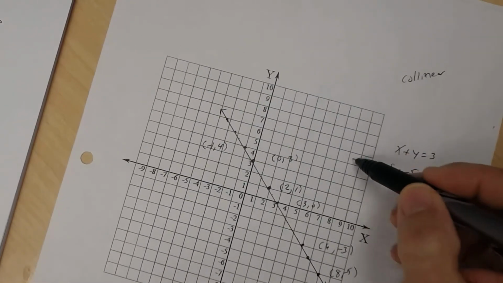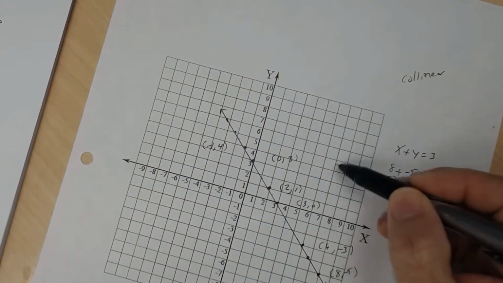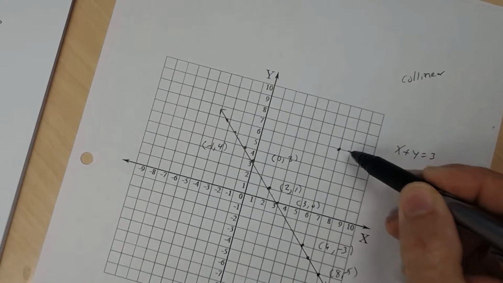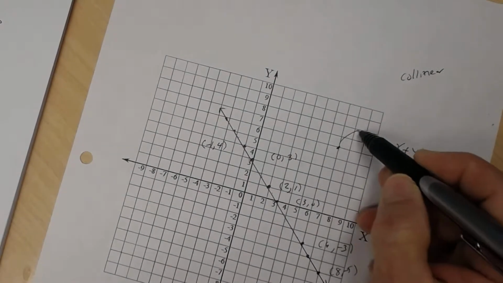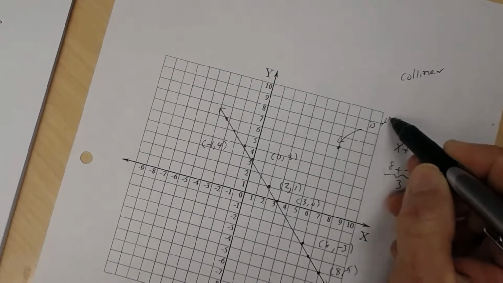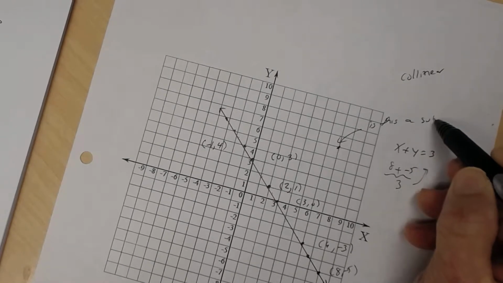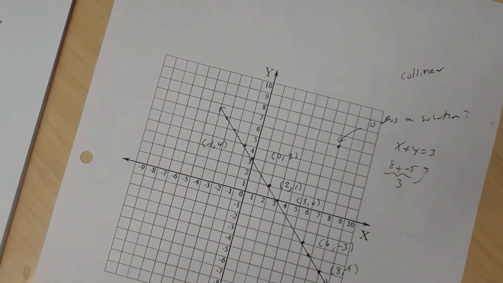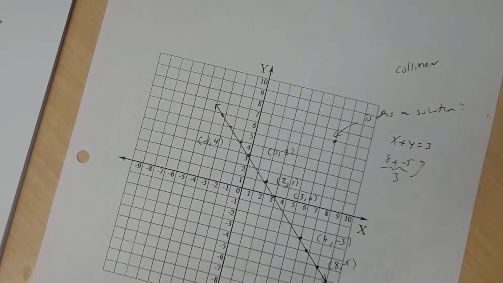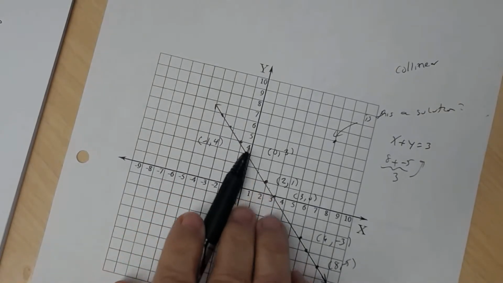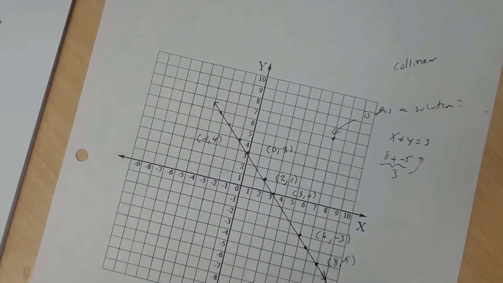Let's say we want to look at the ordered pair 7, 6. So the question is, is this a solution? That's the idea. Well, it doesn't lie on this line, so it's not going to be a solution, but let's see why.